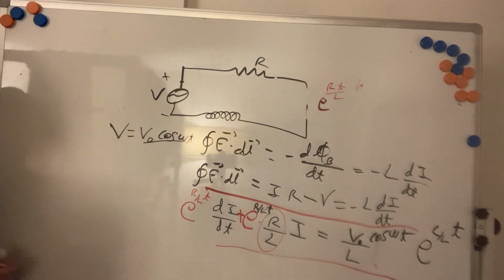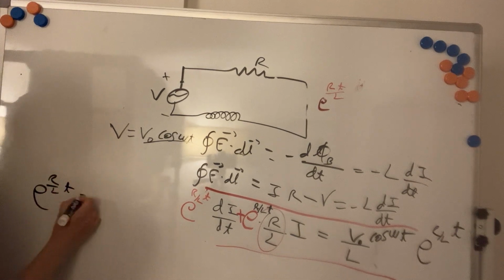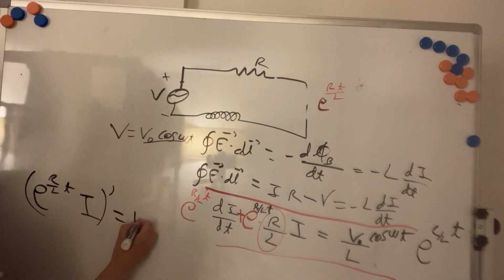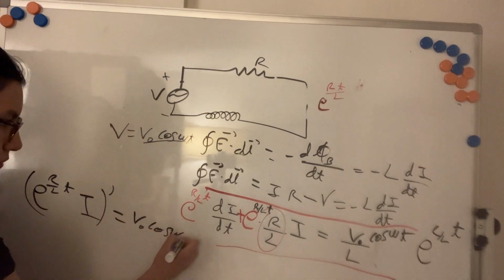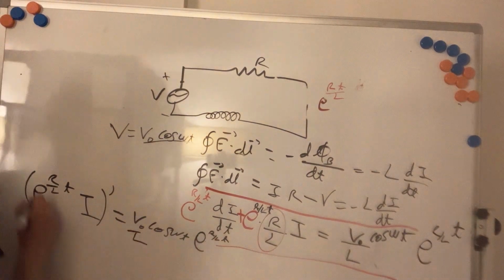That product is e to the R over L t times I, and this is equal to V naught over L cosine omega t e to the R over L t.